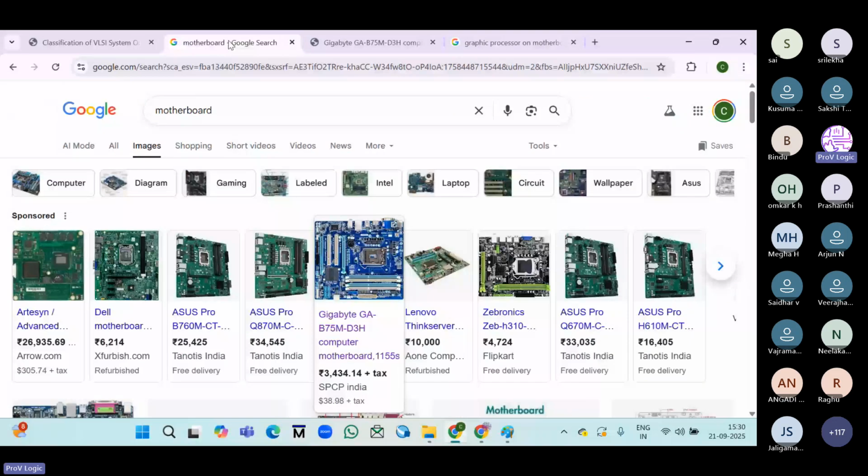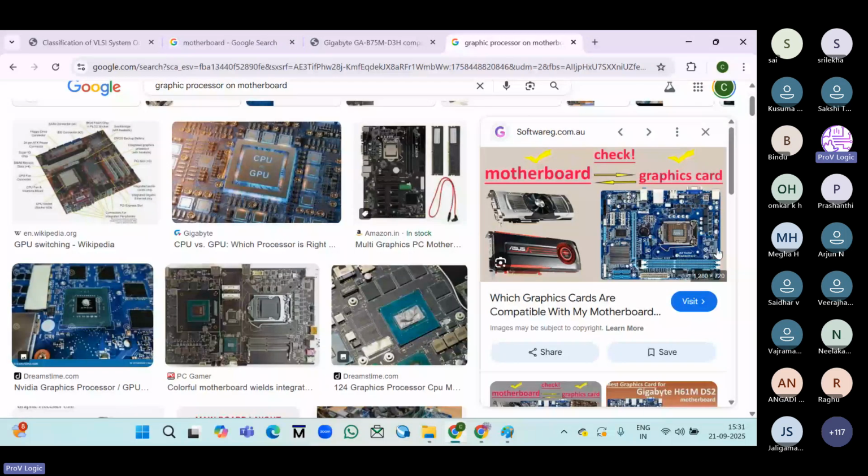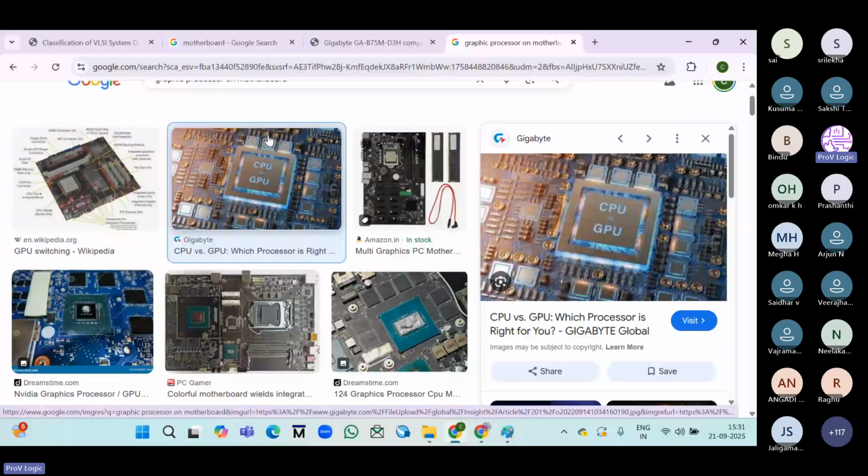But in system on chip design, there is a processor inbuilt with a graphic processor. There are no separate processors and all. It is just a chip. It is just integrated. If you see here, the integrated circuit has CPU and GPU. On top of that, there will be different integrated circuit functional blocks, not components.